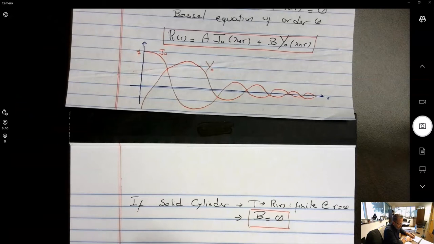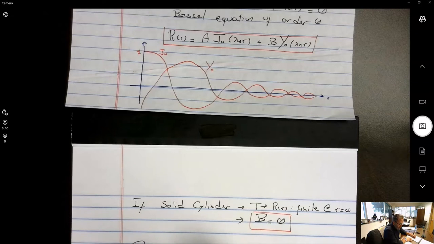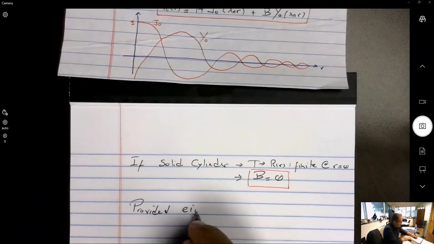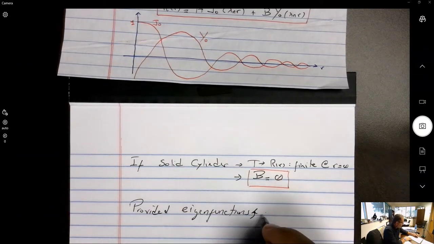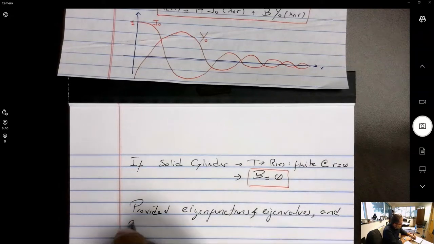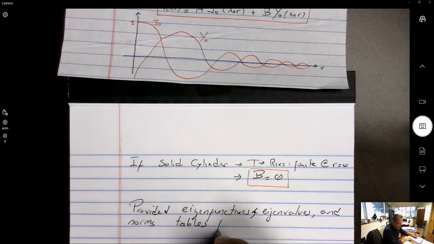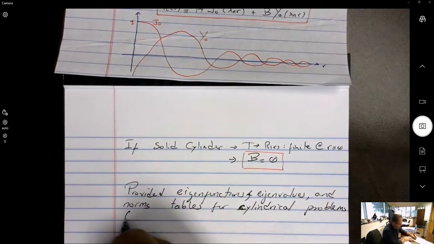Now, I've posted a table providing eigenfunctions, eigenvalues, and norms tables for cylindrical problems. So there's two types of tables, one for solid cylinders and one for hollow cylinders.